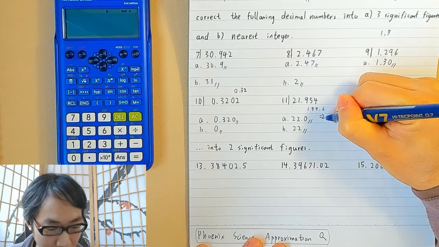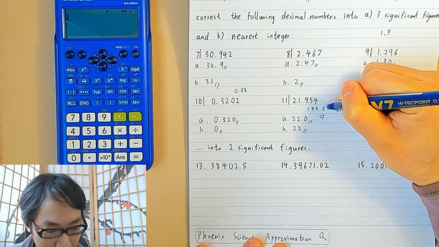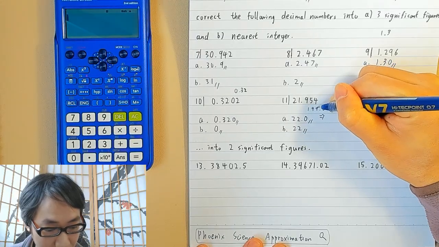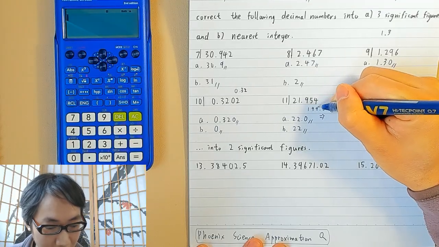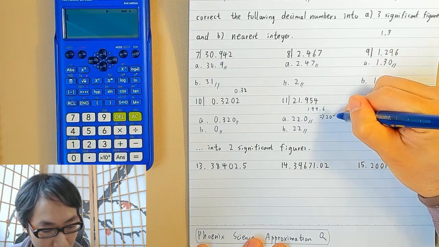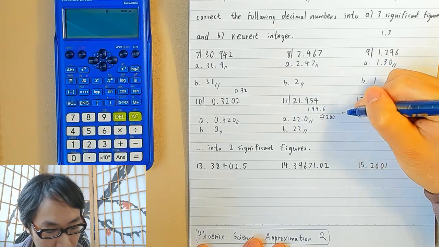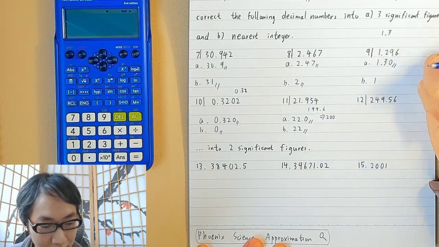The third figure is here, 1, 2, 3 figures. The next is 6, so this has to be increased. To increase this, 199 has to become 200. Okay, it will become 200. That is 1, 2, 3 significant figures.